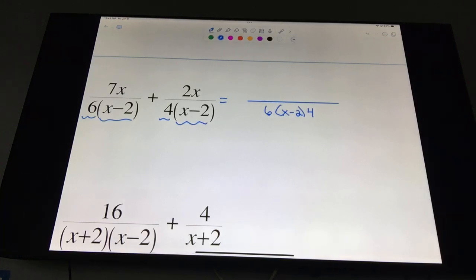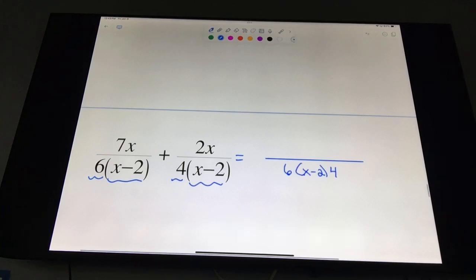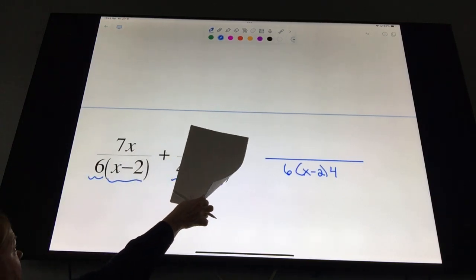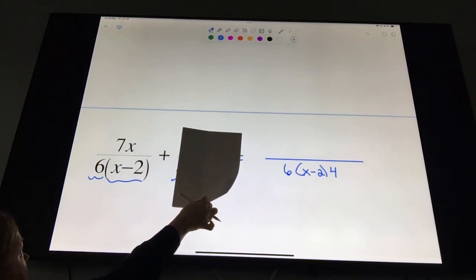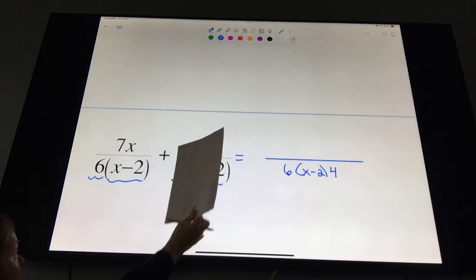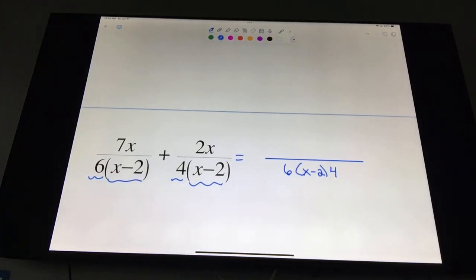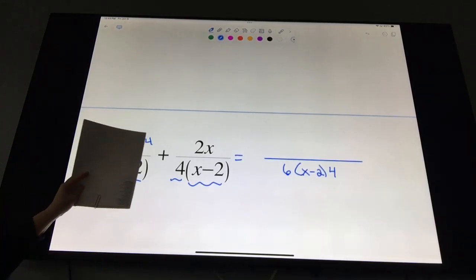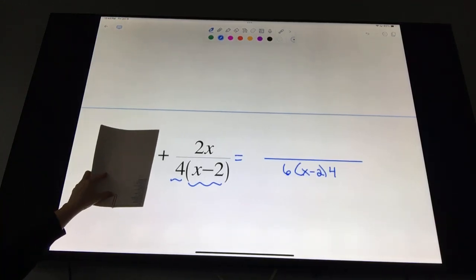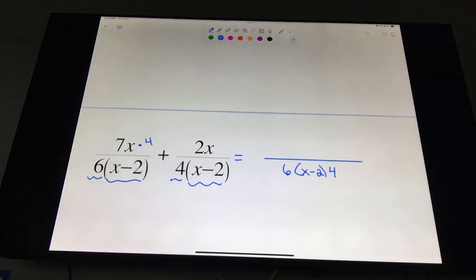All right, so compare. What is the first denominator missing to be the common denominator? It's missing the 4. What is the second denominator missing to be the common denominator? It's missing the 6.